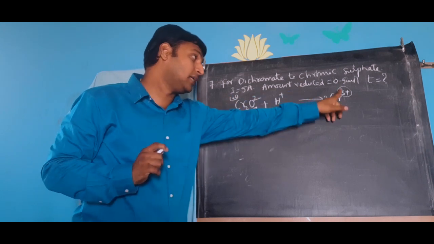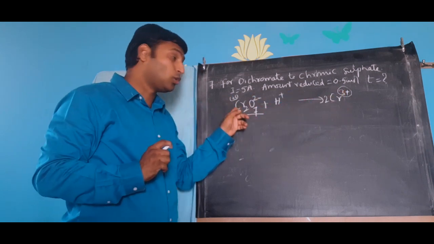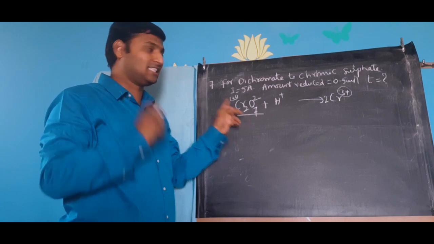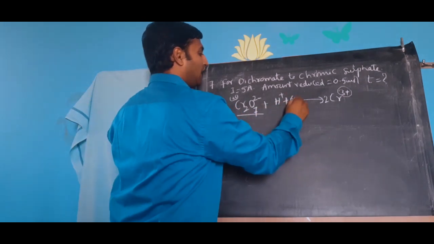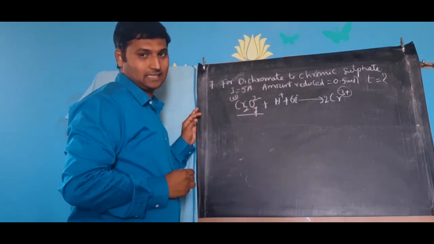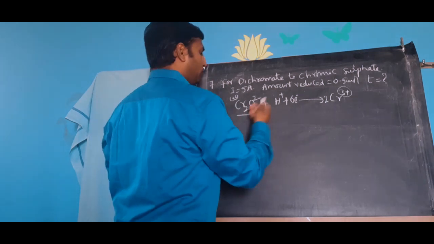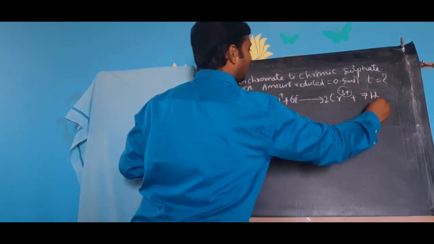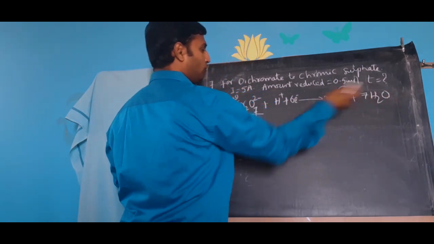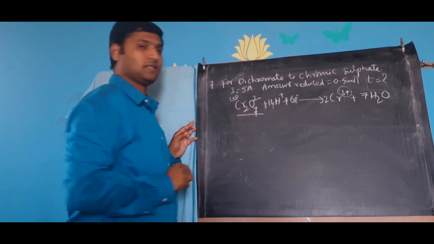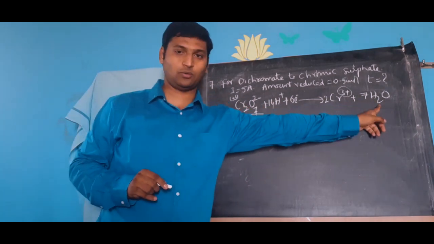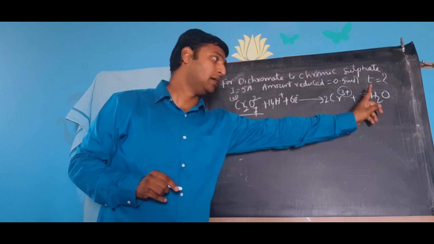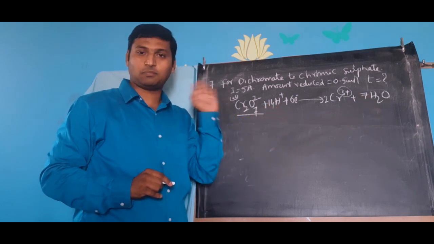Each chromium atom decreases by 3 units, so 2 chromium atoms decrease by 6 units. So the number of electrons gained here will be 6. For further balancing you put 7H2O, and there are 14 hydrogens, so 14H+ on the other side. Oxygens are balanced using water molecules, and in acidic medium hydrogens are balanced using H+ ions.